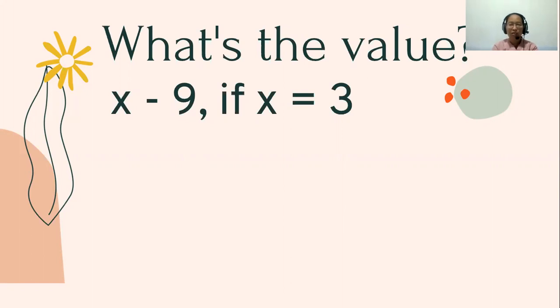And yes, you're correct. The value of that is negative 6. How did it happen? Simply substitute the value of x, which is equal to 3, into the given expression. So you will have 3 minus 9, and that is equal to negative 6. Very simple, isn't it?